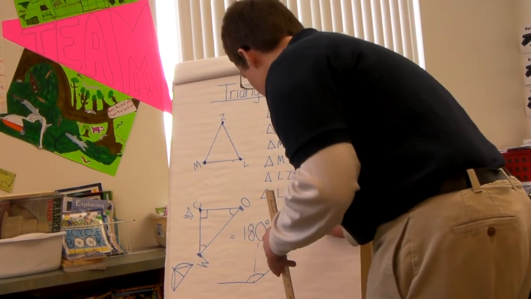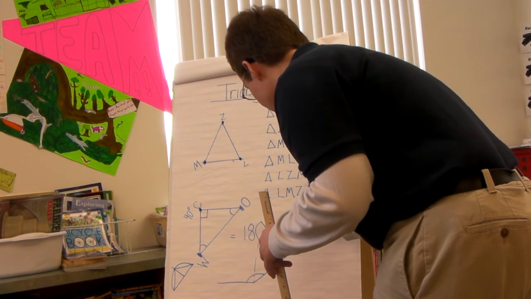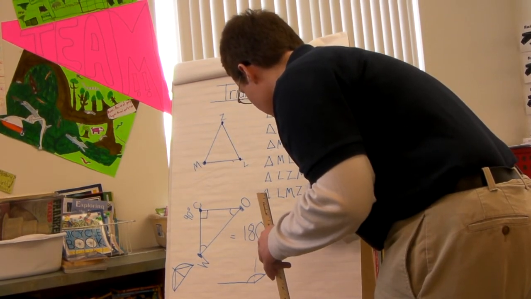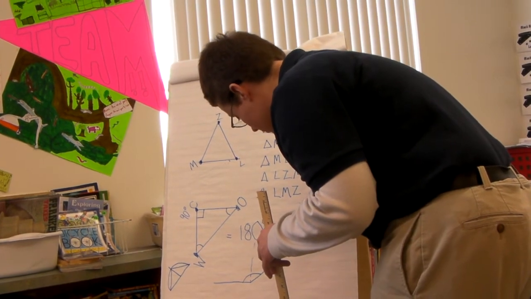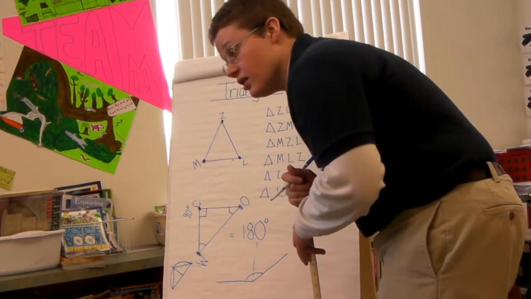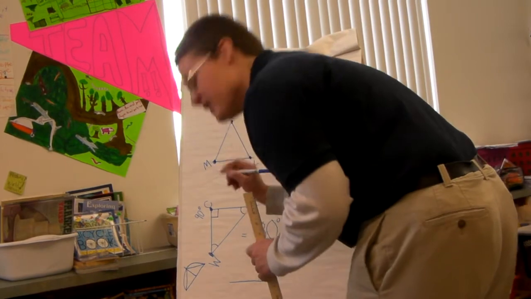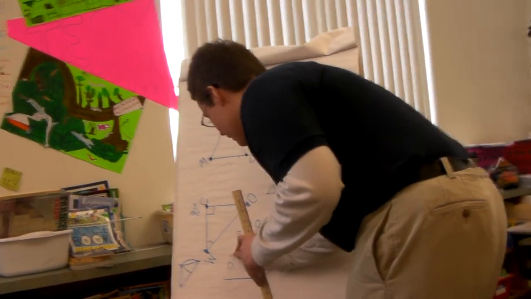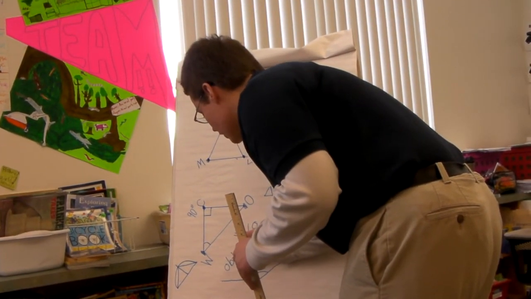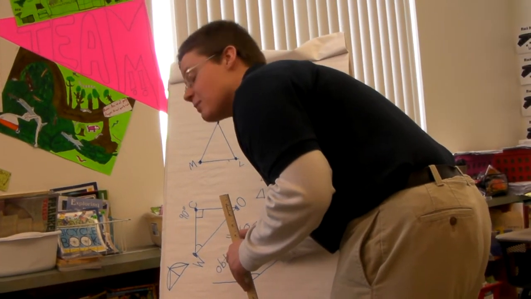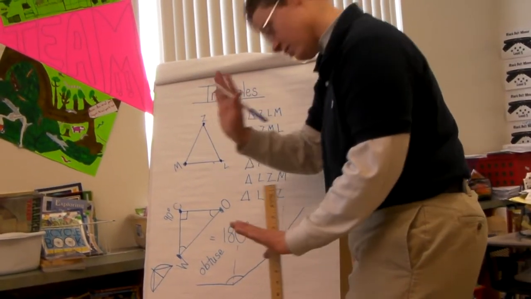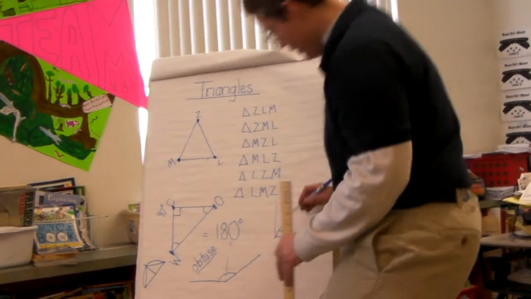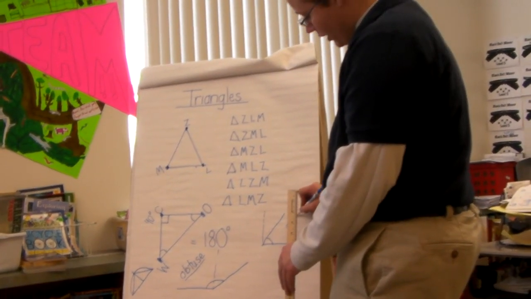And if the angle is this here, it's smaller. This triangle here is called an obtuse triangle. This isn't something you have to remember. You will eventually, but not in 3rd grade. I'm just telling you. And this one here is called an acute triangle.